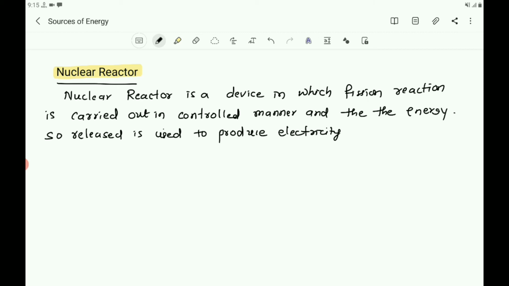Know that an enormous amount of energy is released in the nuclear fission reaction, and that energy is used to produce steam, that is by heating the water, and that steam is used to rotate the turbine, and so electricity can be generated.